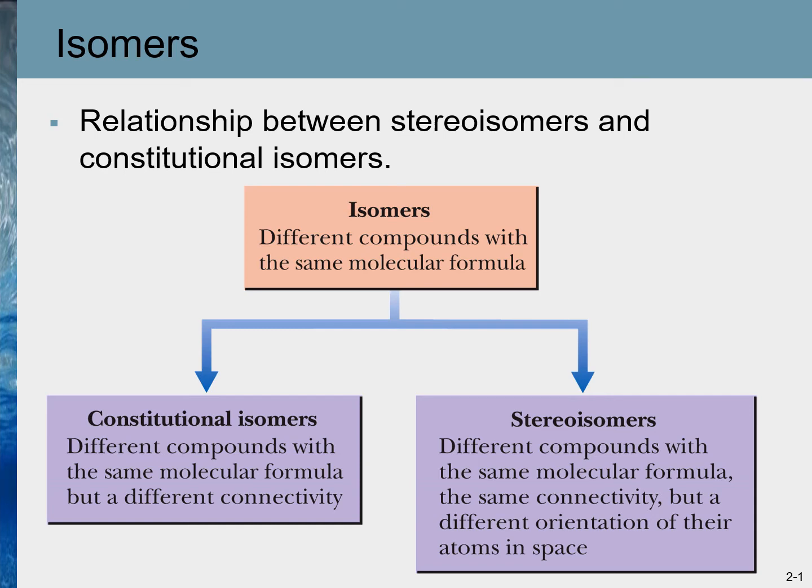In the beginning of this chapter, we learned that the molecules which have the same molecular formula but different structural formula are known as isomers. The examples of these compounds can be written such as these two compounds.